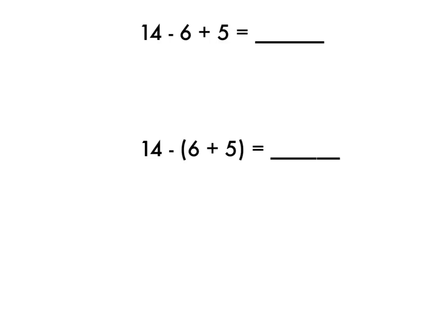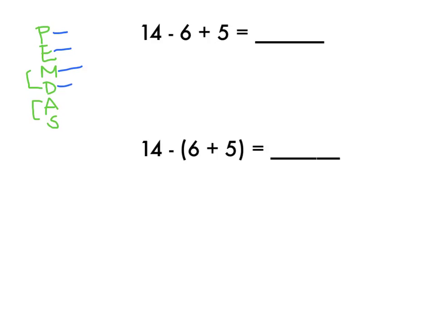Here is a problem, and we are going to solve it using PEMDAS. I like to make myself a little checklist on the side just to remind myself of the steps. Now, in this problem, there are no parentheses, so we don't need to worry about that, and we don't need to worry about exponents. And also, there's no multiplication or division.